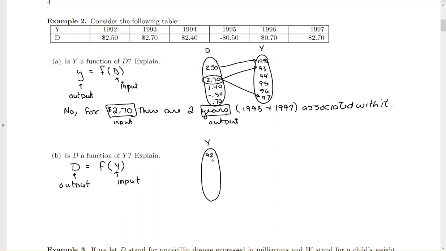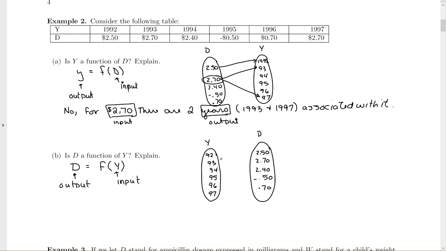So that again, 92 through 97. And then for my output, that's my d's, which are my dollar amounts. So again, you don't write down duplicates. Right, 270 would have duplicated.